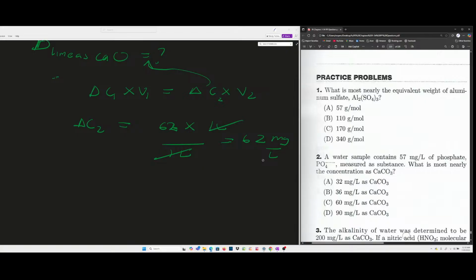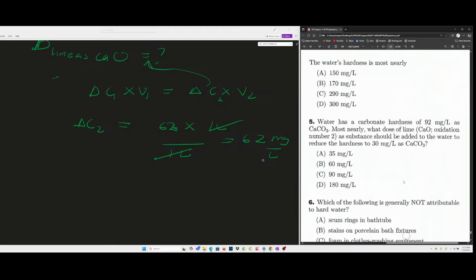So in this question, we have the concentration as CaCO3, but we have the concentration of lime as CaO, and now we're looking at the concentration as a substance. So we're going to use a similar route as we used to solve this, but in a reverse direction.